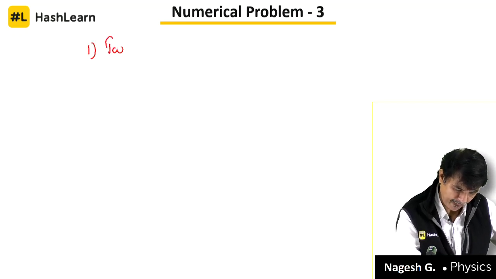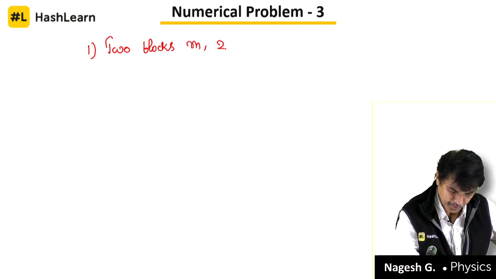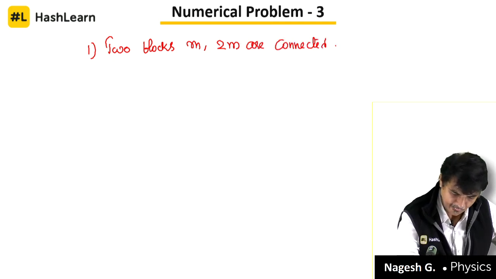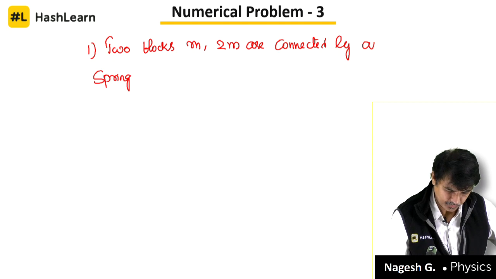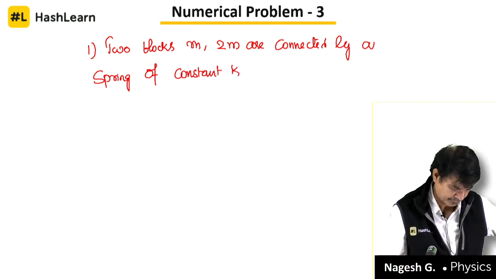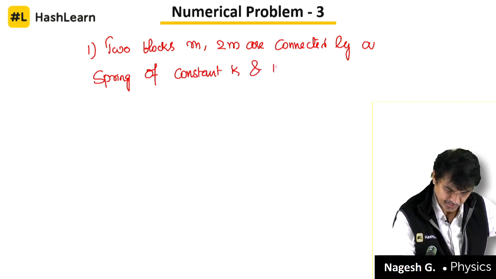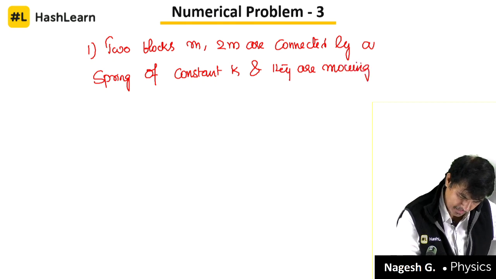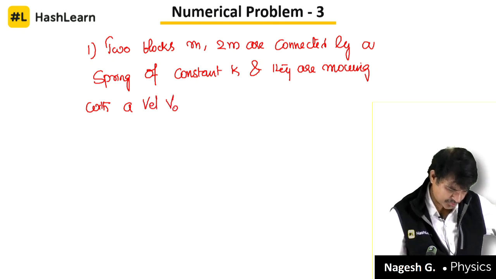Two blocks M and 2M are connected by a spring of constant K, and they are moving with a velocity v naught.